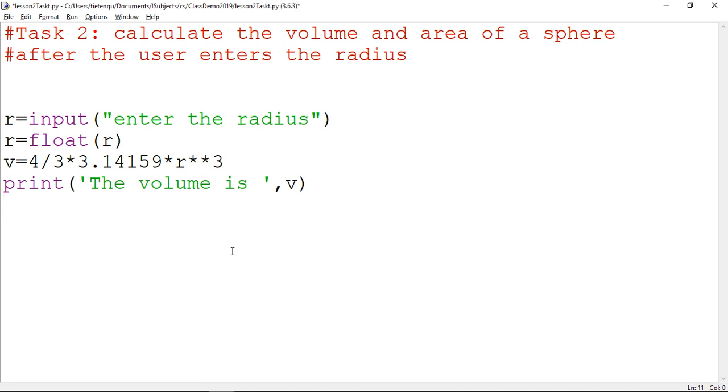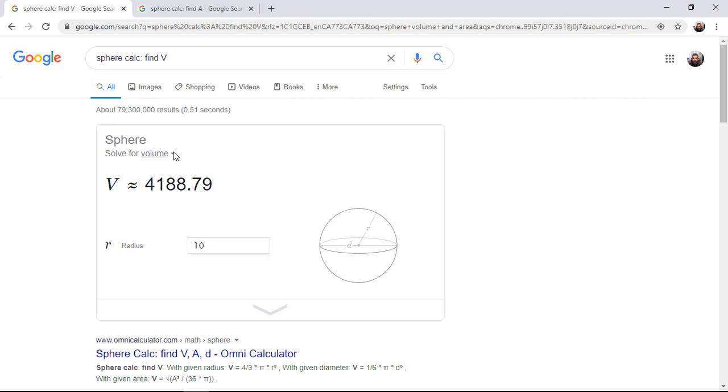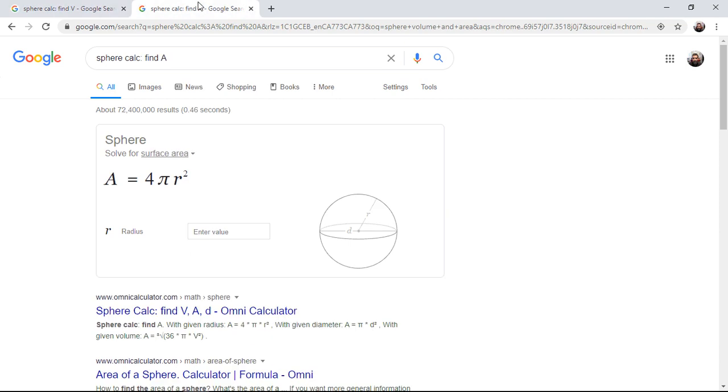Now let's find the area. So A for area. The area is equal to, now let me look up the formula here. The area of a sphere is 4 pi r squared.